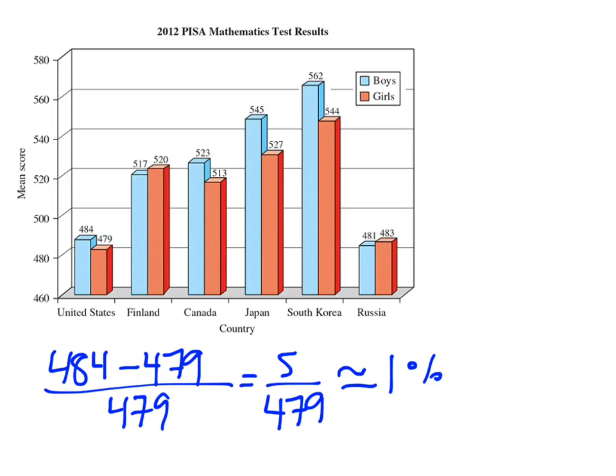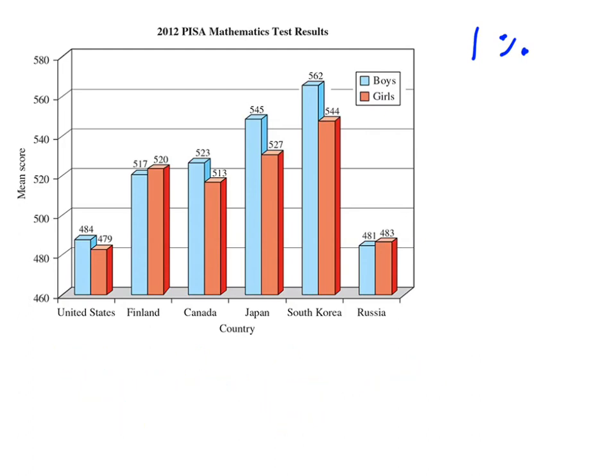What about the heights of the bars? Let me write the 1% up there. If you compare the heights of the bars, how high is the bar for the boys' scores? Well, it's running from 460 to 484, so that's 24.